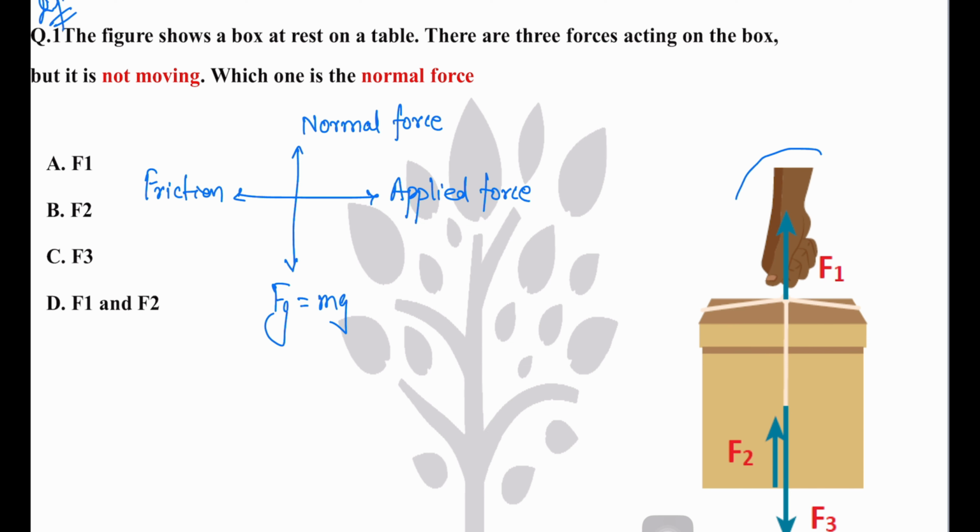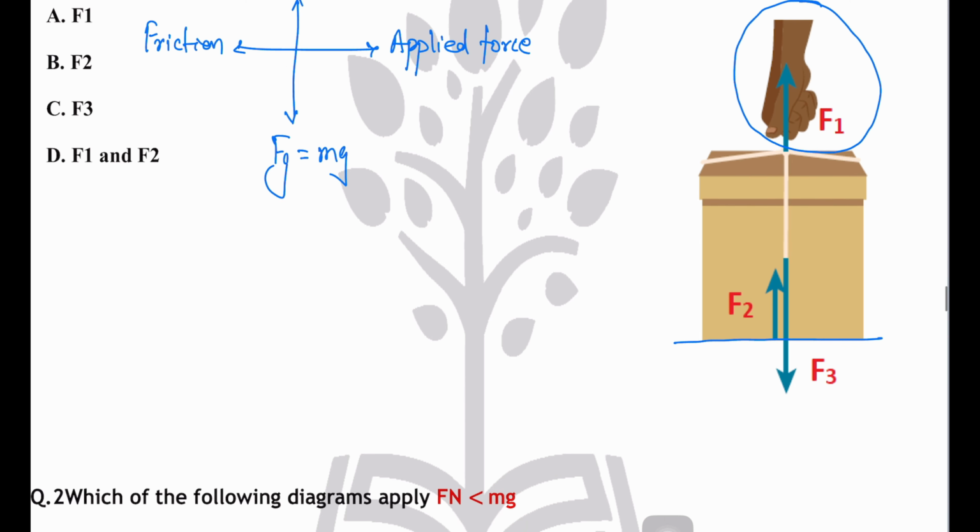You see, this is the hand. I'm not telling something new. This is the hand, this is called the applied force. He is applying force, but this is the surface. So F3 is your Fg, which is equal to mg, and here is your F2, which is going above the surface.